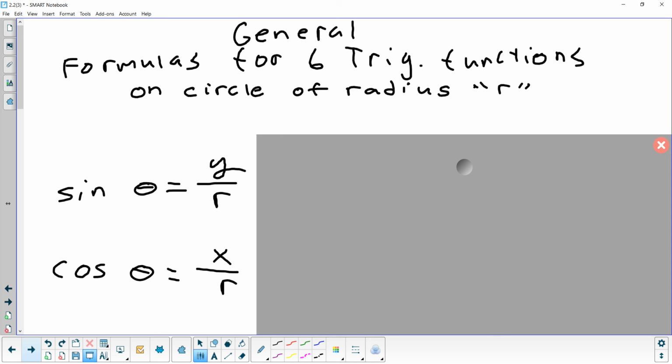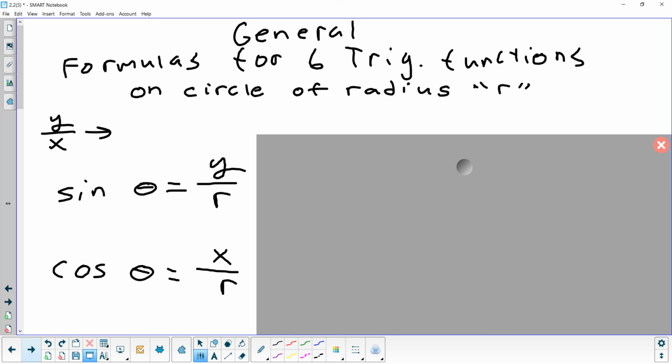And what about tangent? What was the formula for tangent originally? Tangent was originally y divided by x. Do the same thing in that formula.